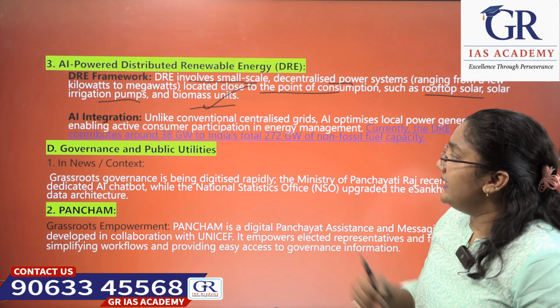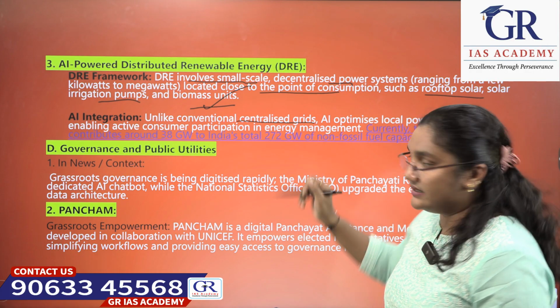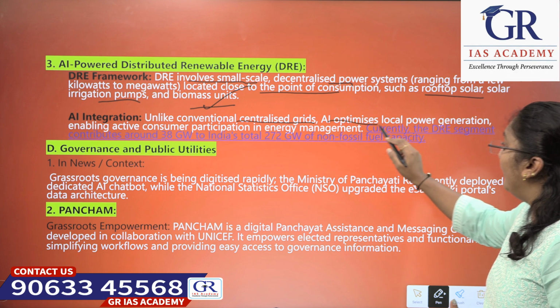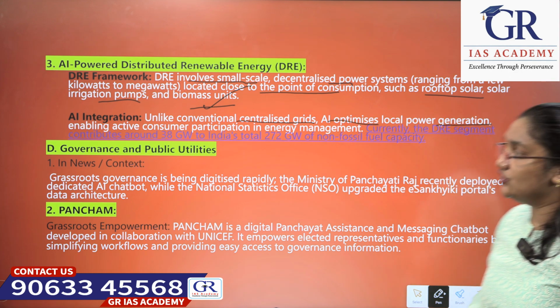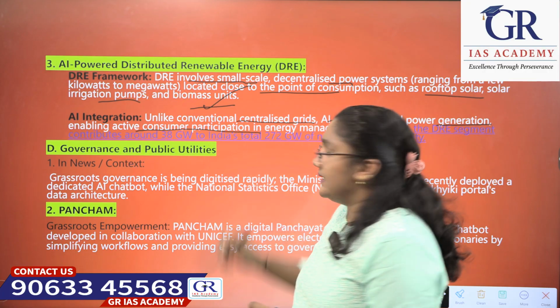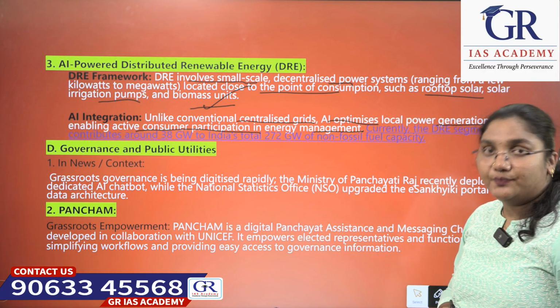Okay. Now, what is the AI integration in it? Unlike conventional centralized grids, AI optimizes local power generation, enabling active consumer participation in energy management.